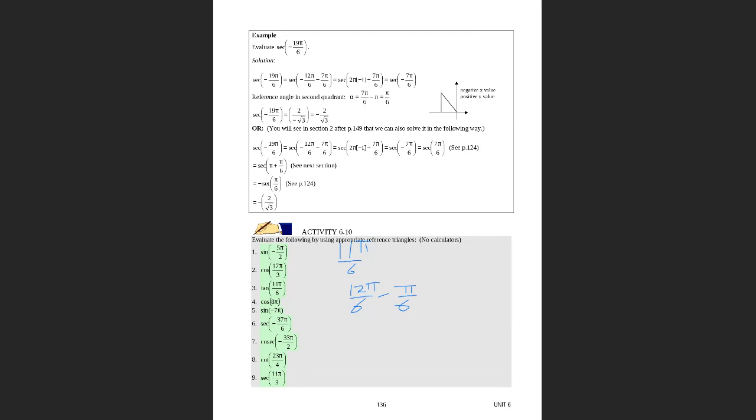Now 12 over 6 is 2 pi, minus pi over 6. So if here it says tan, it means that the tan will take you back to tan of minus pi over 6.